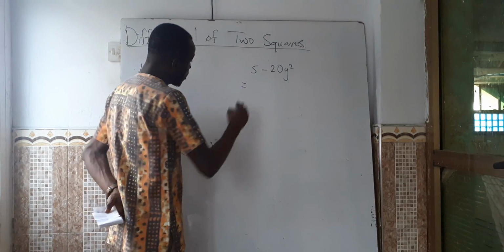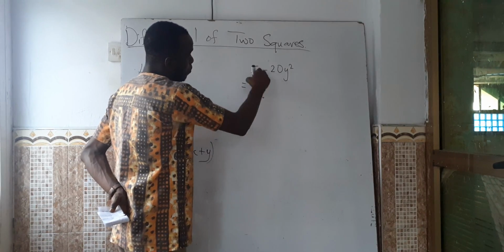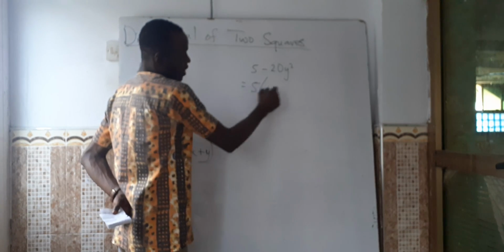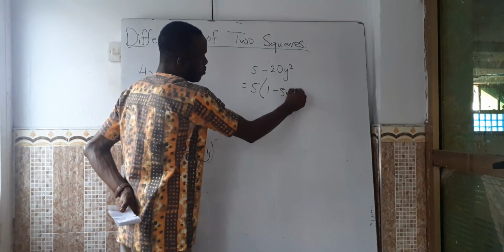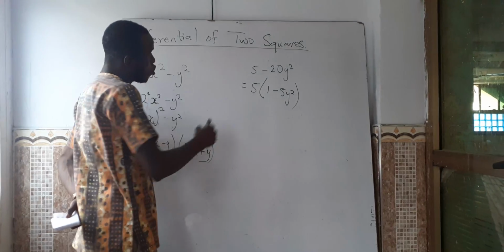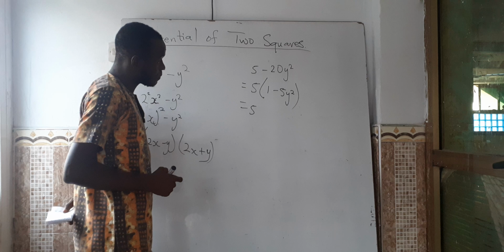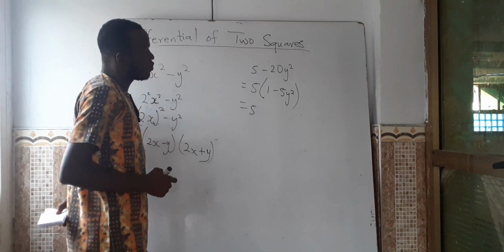So bring 5 out, open bracket, to be left with 1 here, minus 20 divided by 5, you get 5. Then you bring your y squared, you close the bracket. So in here, we can have difference of two squares.